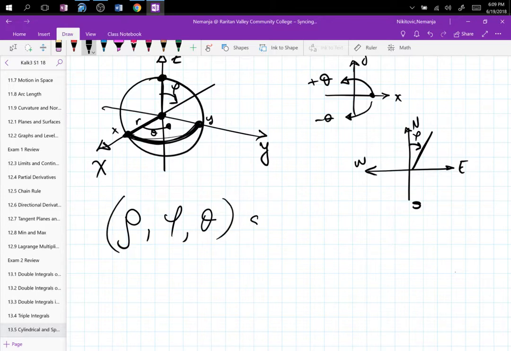That's spherical coordinates, and as you can see, you have 2 angles. This one is measured off of z, and this one is measured off of the x. Rho and theta together create the good old polar plane, which is in the bottom of this.